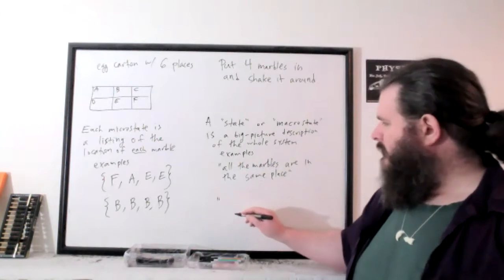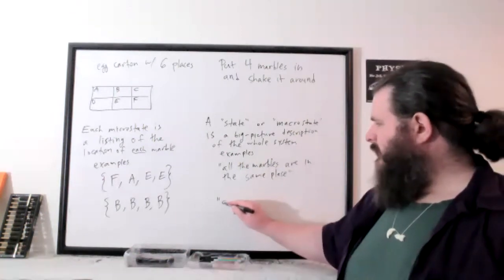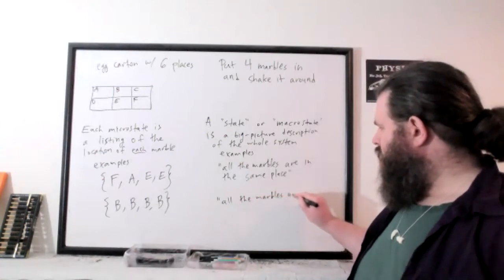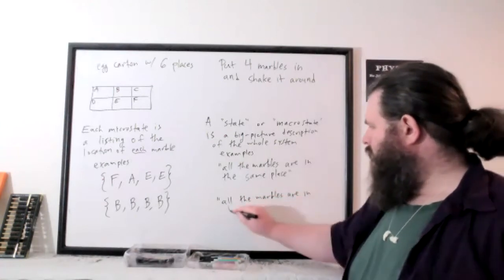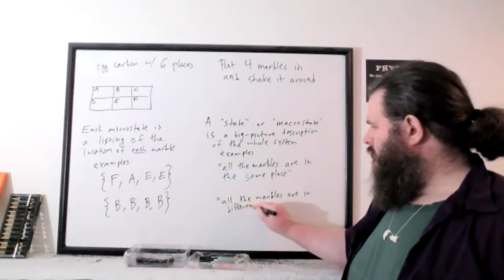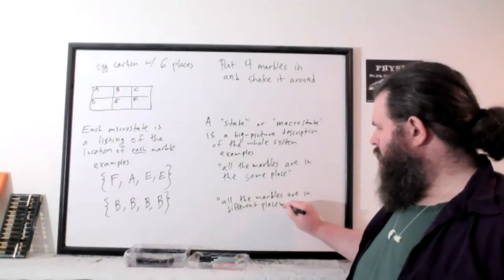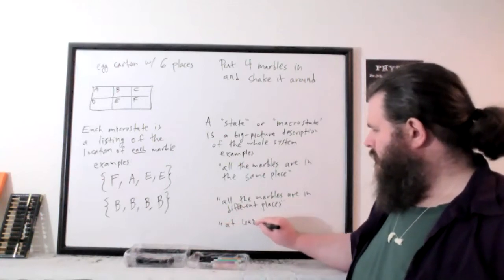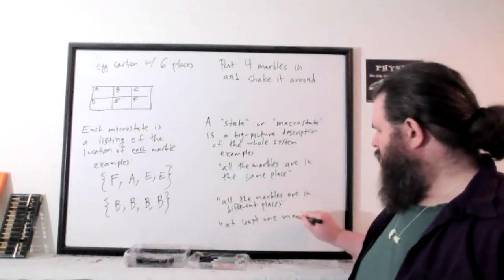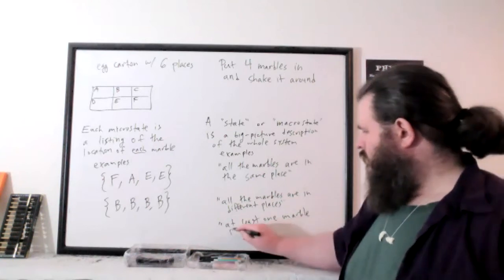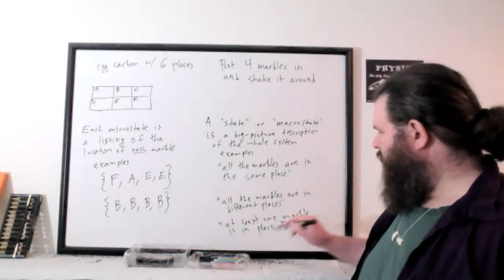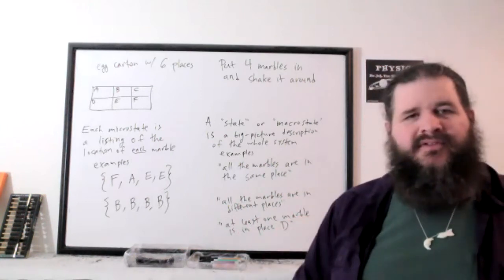Or maybe we could say all the marbles are in different places. Or we could say at least one marble is in place D. Those would all be examples of states.